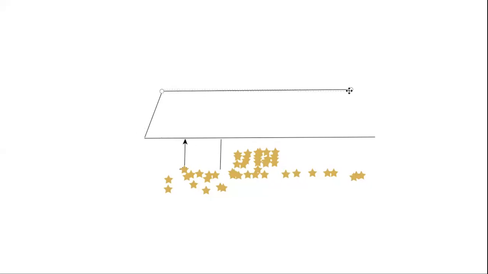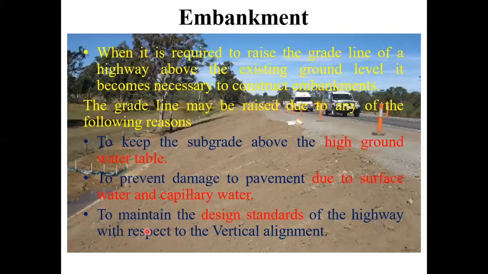This is one of the objectives. If the groundwater table is just below your road surface, or less than 1.2 meter, in that condition you have to construct the embankment, to keep the subgrade above the high groundwater table.